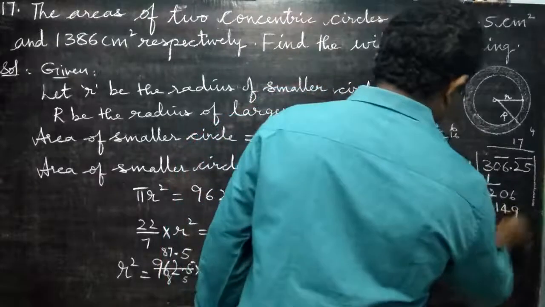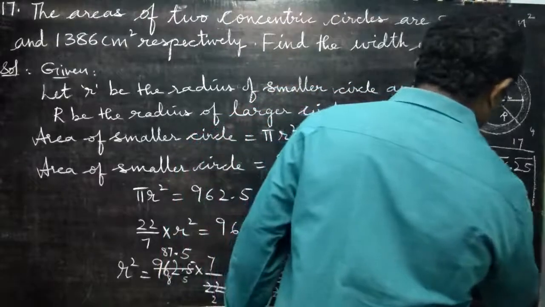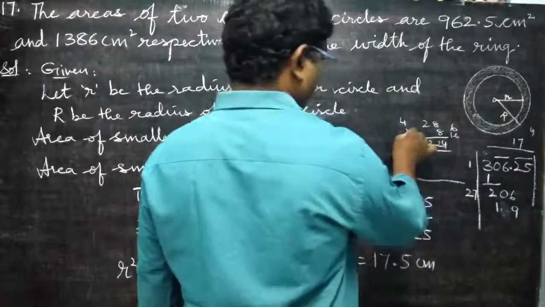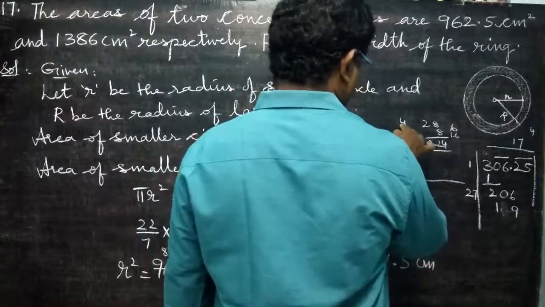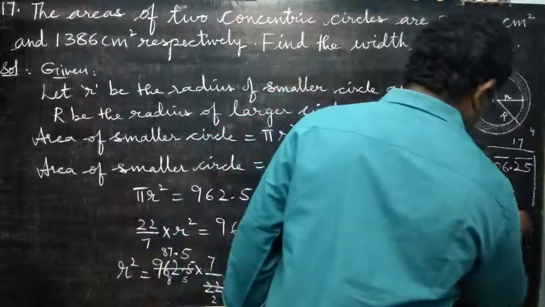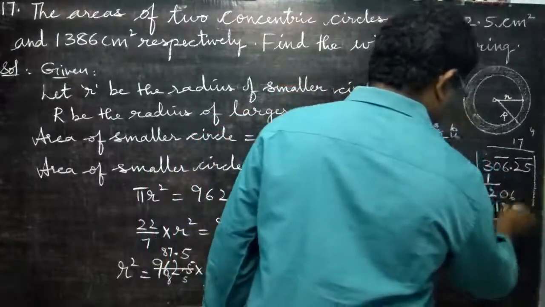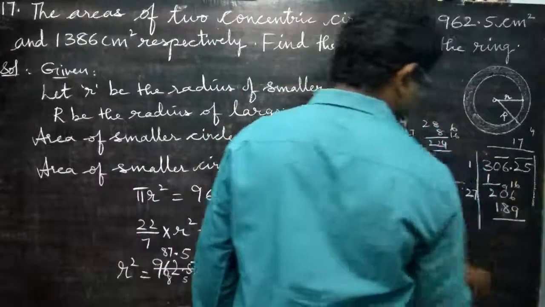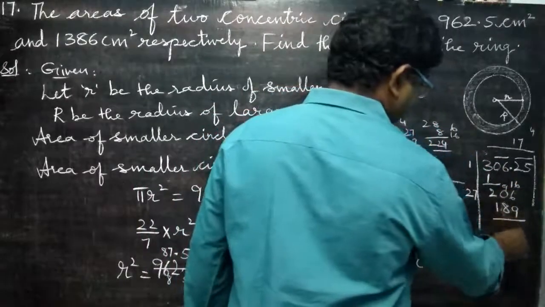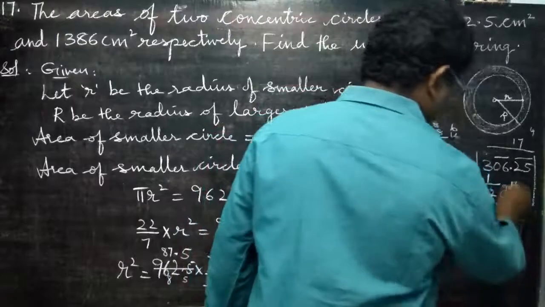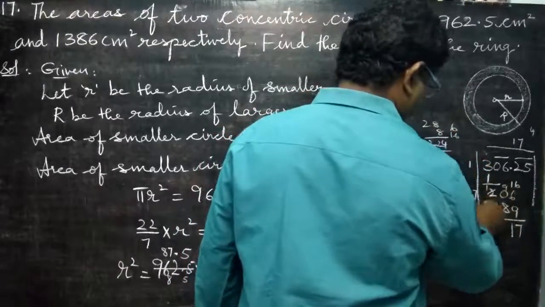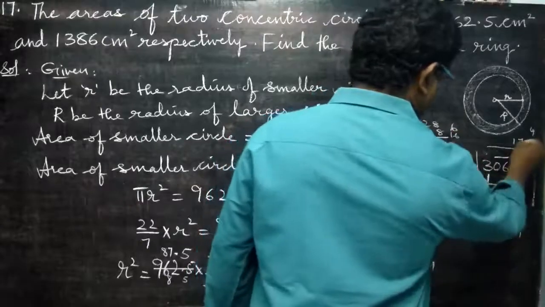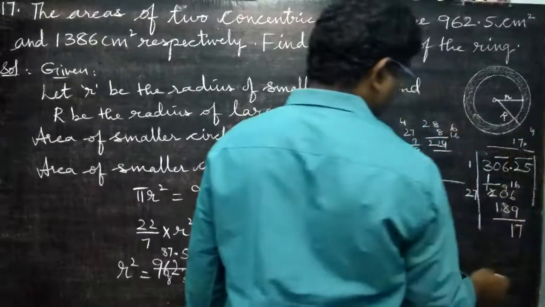So 189. 7 2s are 14, 14 plus 4 is 18. Now borrow here 9 and here 16. 16 minus 9, 7. 9 minus 8, 1. Here we have borrowed. 1 minus 1 is 0 only. Decimal is there, put that decimal here.